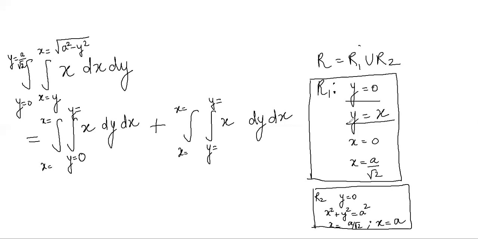Then y equal to x. This will give us the upper limit of y. And in this region R1, we can see from the figure, and we have also written here for our reference on the left, x is from 0 to a by root 2.